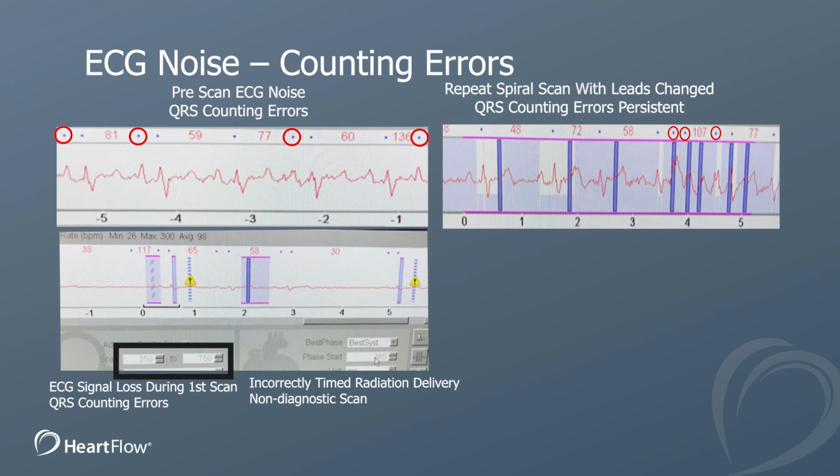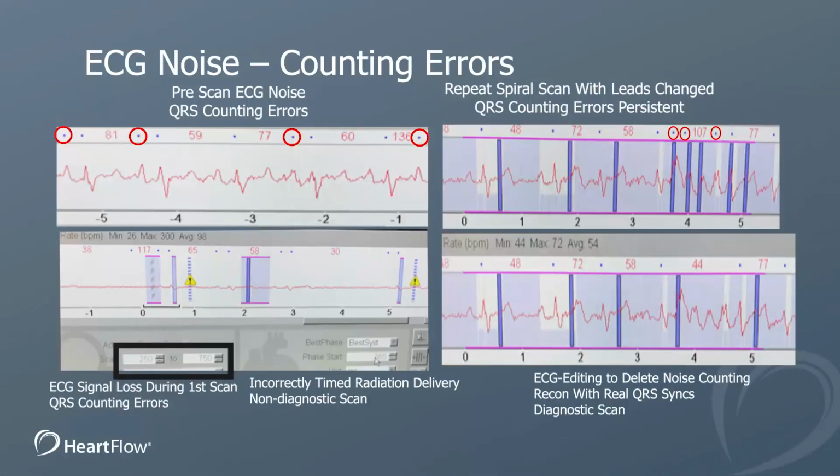Predictably, this patient continued to have noise, but at least if our eye can detect what is the appropriate QRS complex, we can delete the incorrect sinks encircled in red and leave the appropriate sinks with the dots above the QRS complex as noted.